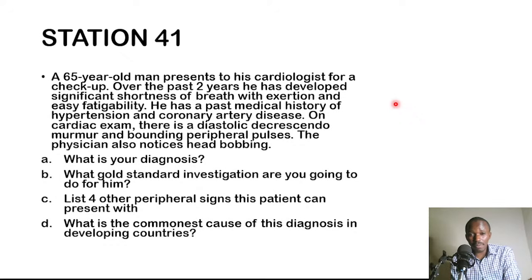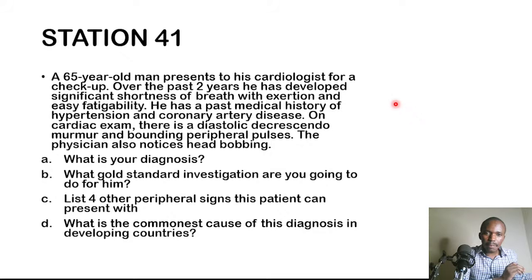So mitral stenosis and tricuspid stenosis will give you diastolic murmurs. Aortic regurgitation and pulmonary regurgitation are going to give you diastolic murmurs. The things I've mentioned are all diastolic murmurs.